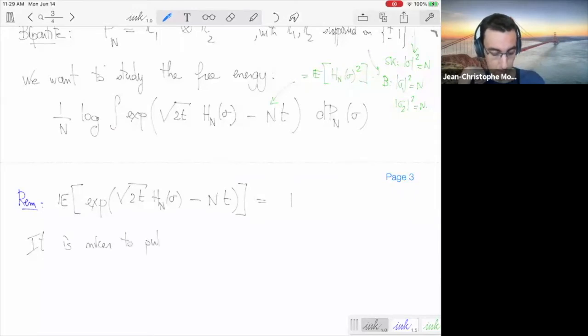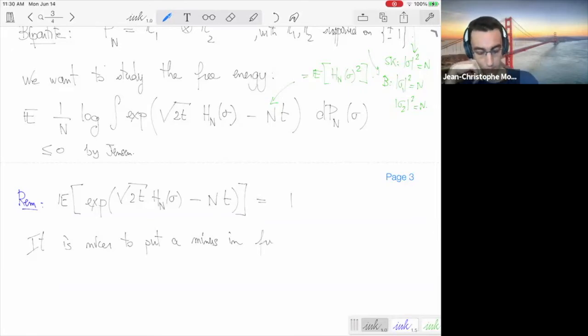Maybe I'll put an expectation. Okay, so let's talk about this quantity. So this by Jensen, it's non-positive. Because of the remark that is below, in front of this.